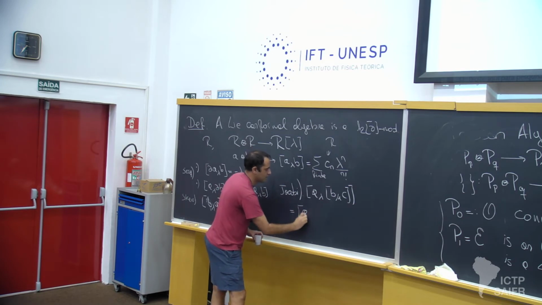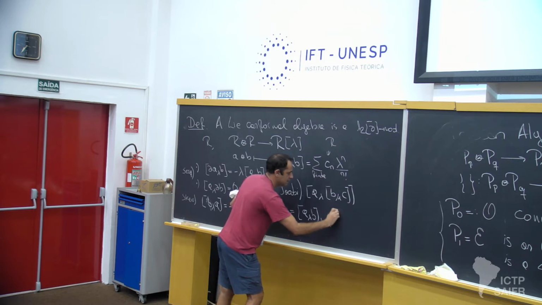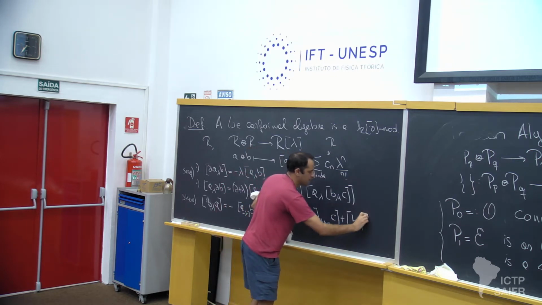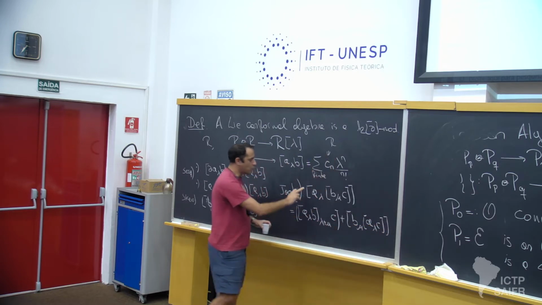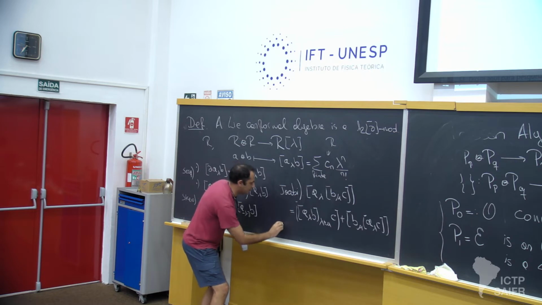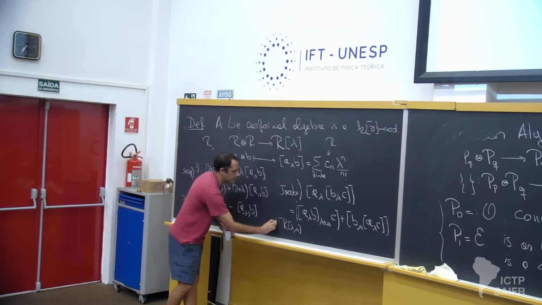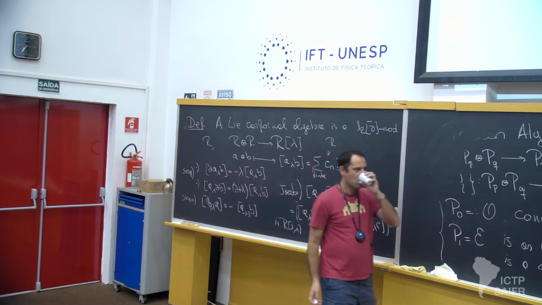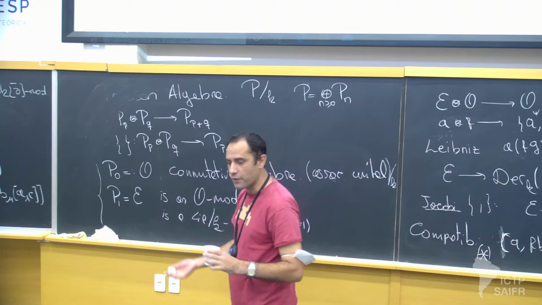So this is [[A_lambda B]_{lambda+mu} C] plus [B_mu [A_lambda C]]. So both sides are an equality here on R polynomials in lambda and mu. So this is where that equality is happening. So that's a Lie conformal algebra. And infinite dimensional Lie algebras give rise to these guys.